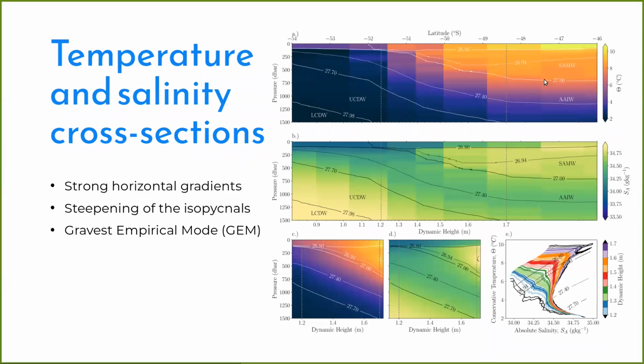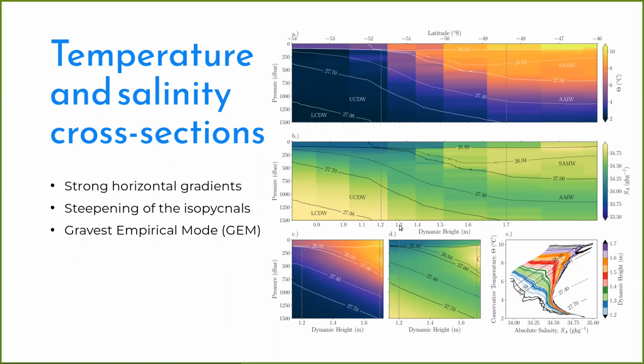In these SR3 lines you see the temperature and salinity on the top. North of the front, the isopycnals are relatively horizontal, and then in the front, indicated by these gray vertical lines, you see strong horizontal temperature gradients and steep isopycnals, and also in the salinity.